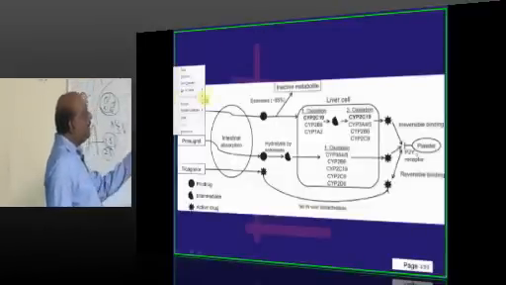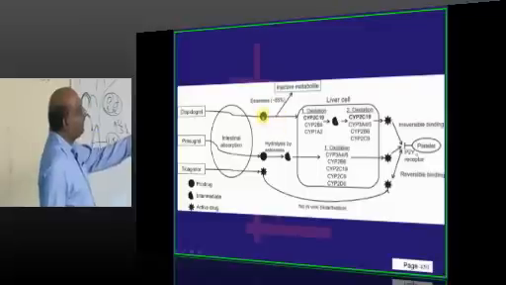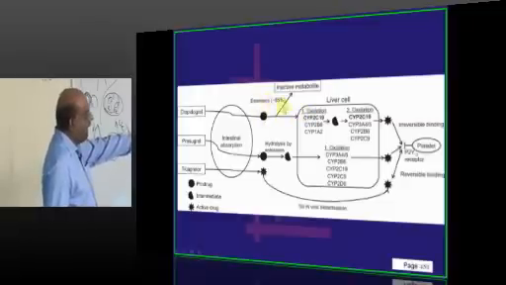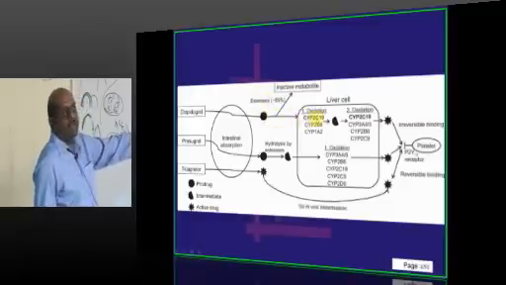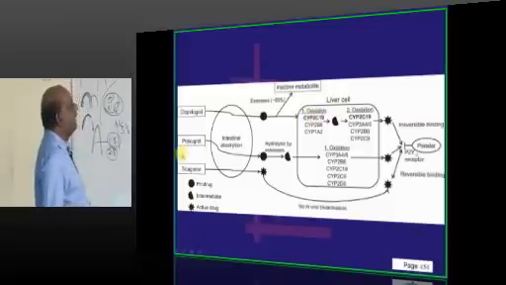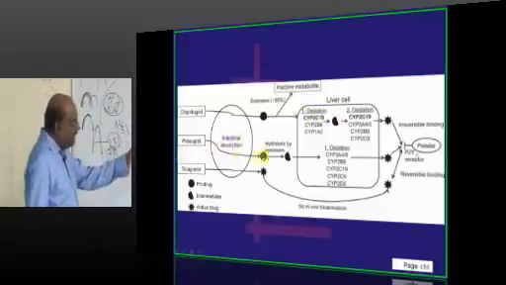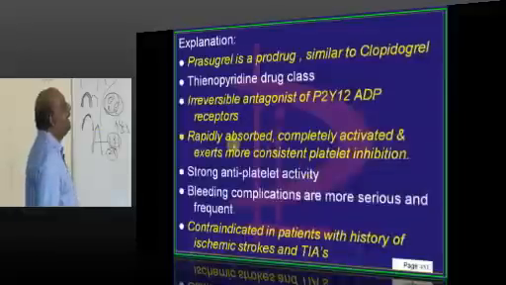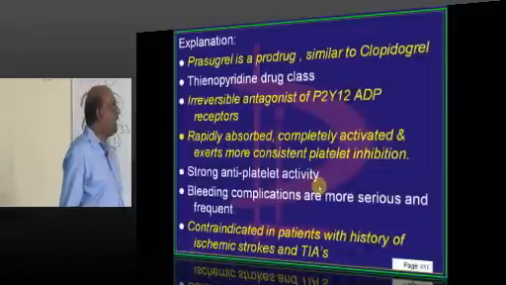So, clopidogrel typically is a prodrug and it becomes converted, and it is antiplatelet. Prasugrel will have intestinal absorption, it will undergo hydrolysis, it is also a prodrug and it is also having an antiplatelet action is what needs to be remembered.